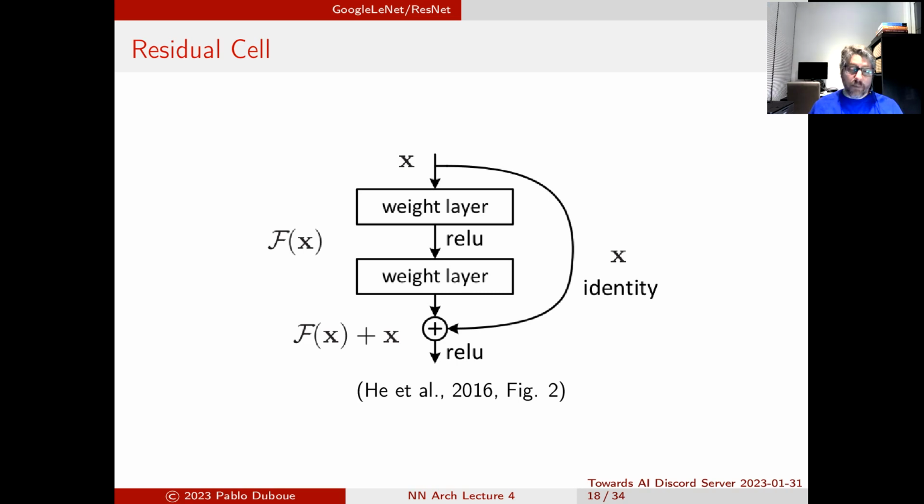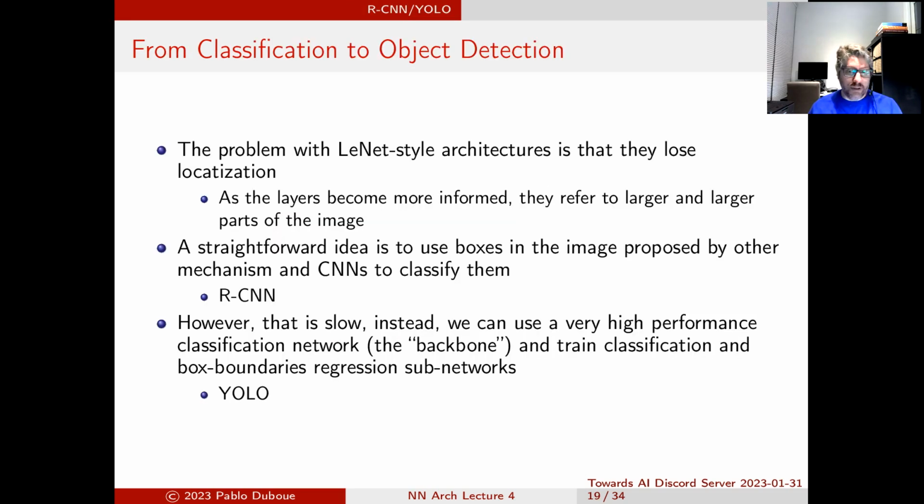All the layer has to do is focus on the type of mistakes the network is making. And if the network is really good, then the layer itself will have to be very close to 0. It doesn't have to make many changes because things are really good. So that takes us to this close to human performance in the classification task.